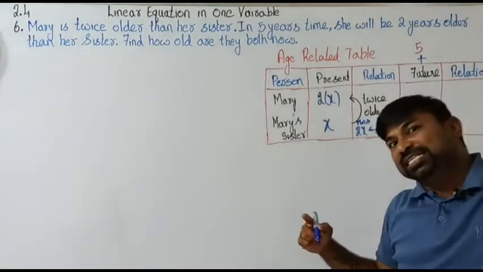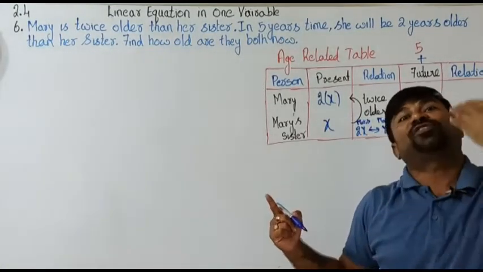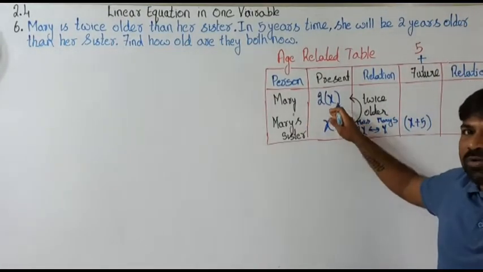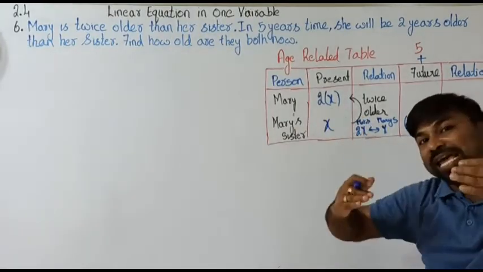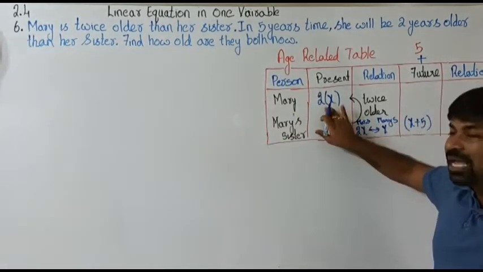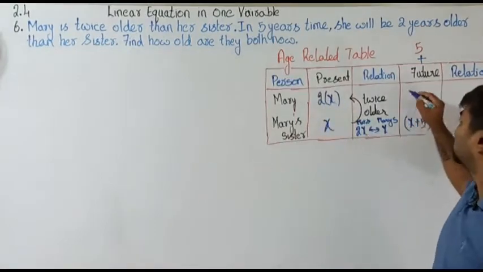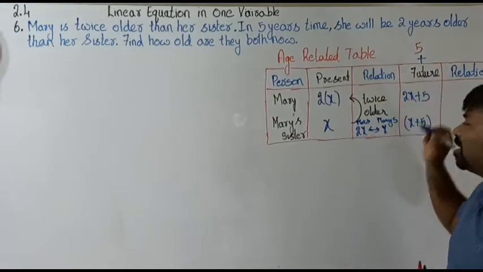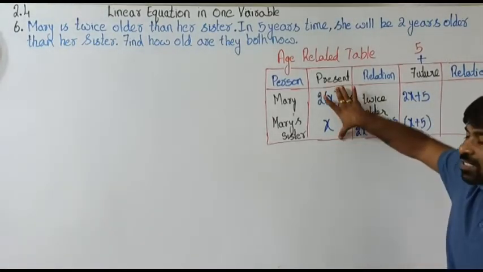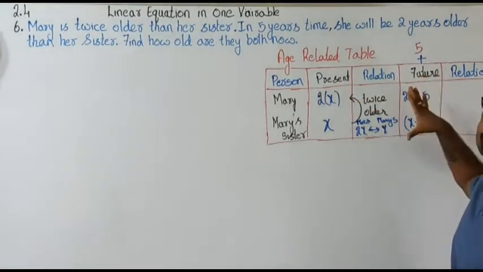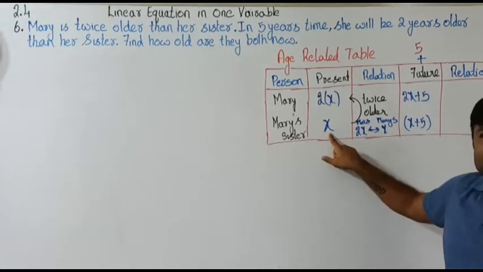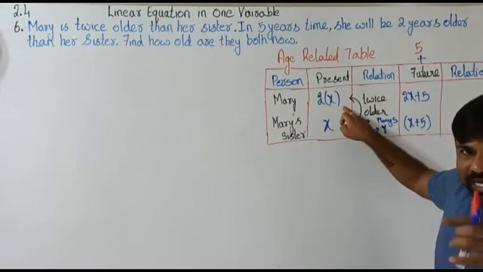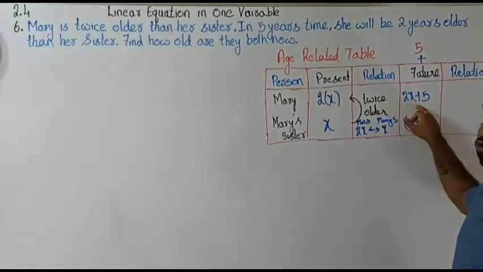Mary's present age is 2x, so after 5 years her age is 2x plus 5.